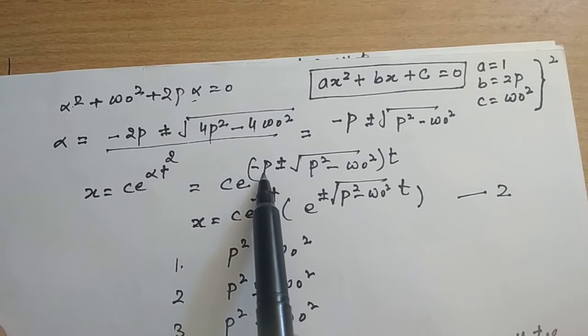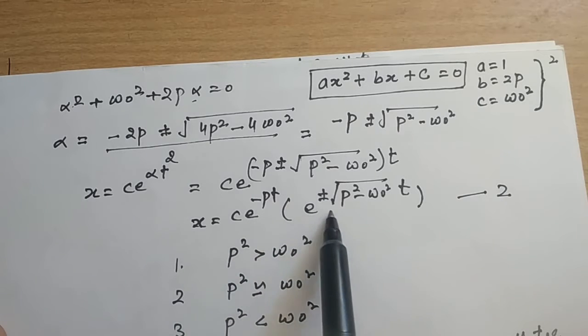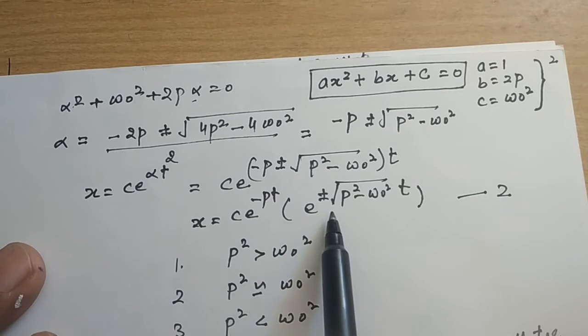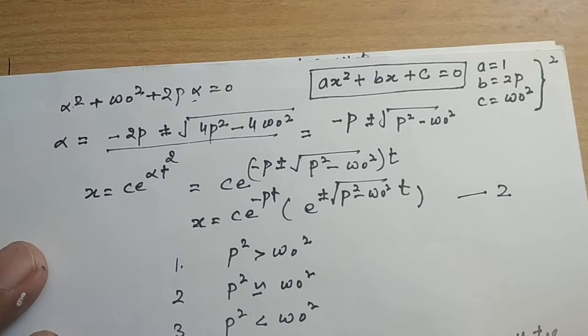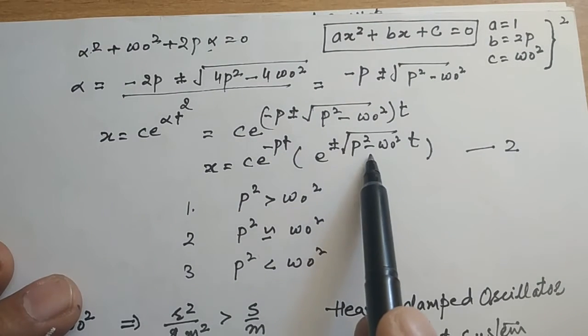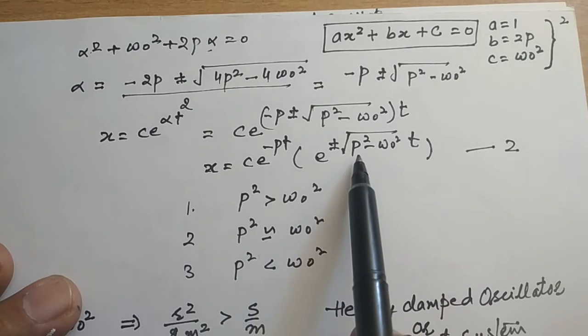We take minus p and this t separate, and the remaining factor we can write here. Now this equation, which is also the solution of differential equation number 1, has the factor p minus p square minus omega naught square, and due to this we can have 3 cases.